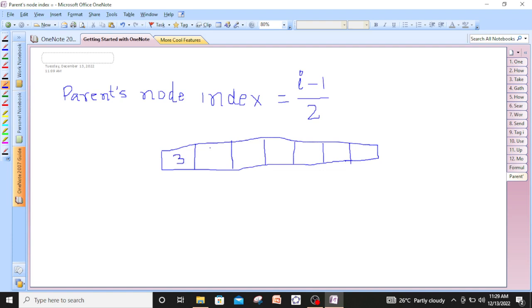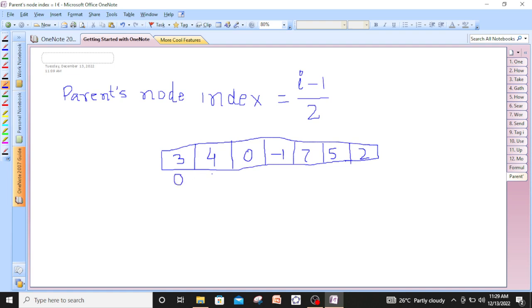First element is 3, 4, 0, minus 1, 7, 5, and suppose 2. This is the array, and you know the index is 0.